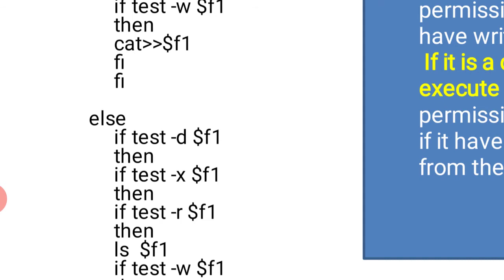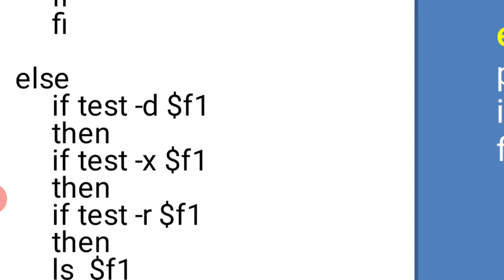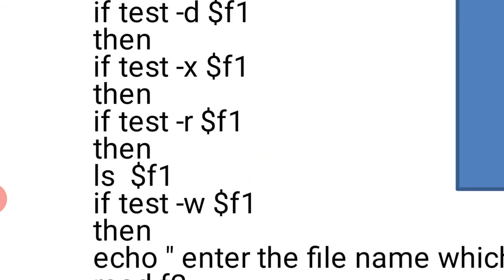So after checking whether a directory has executable permission or not, then we are checking if it has read permission. If it has read permission, then display the contents by the ls command, ls $f1. Further, after read permission, here we have used if test -w $f1.